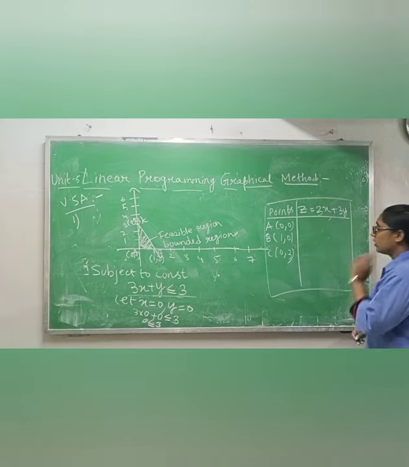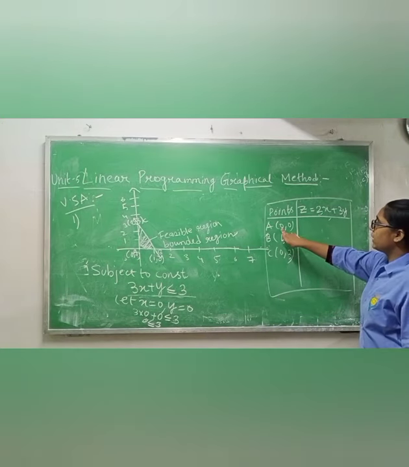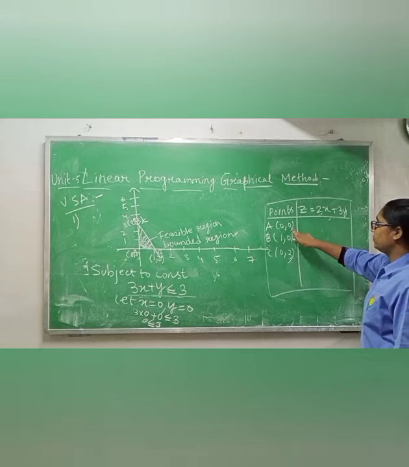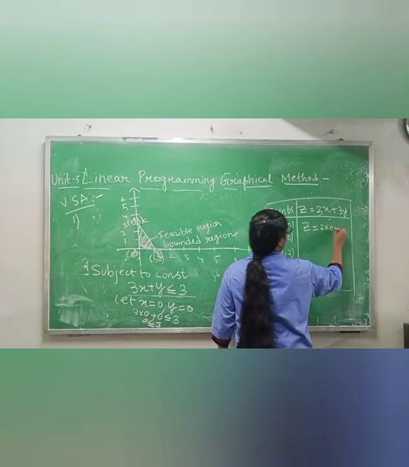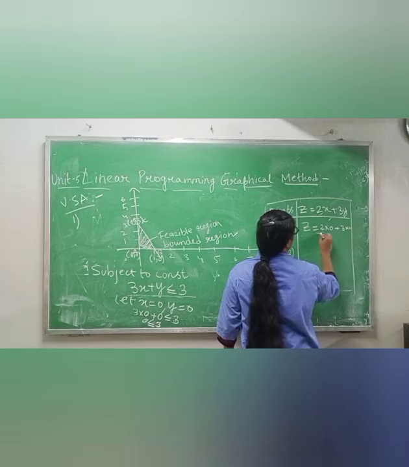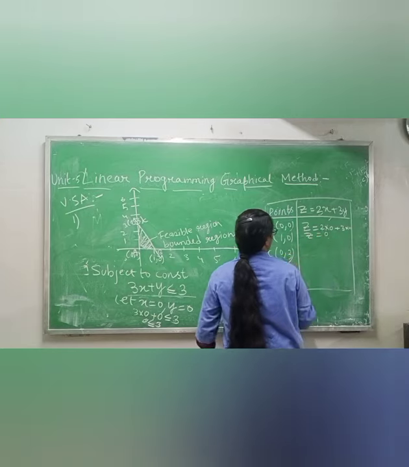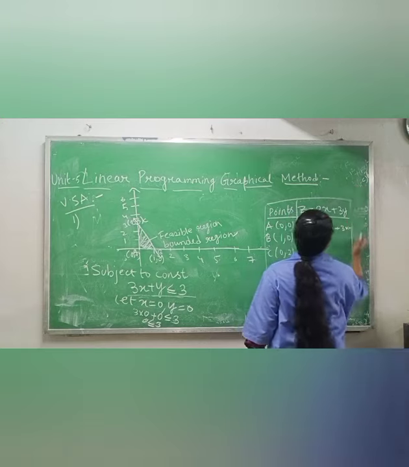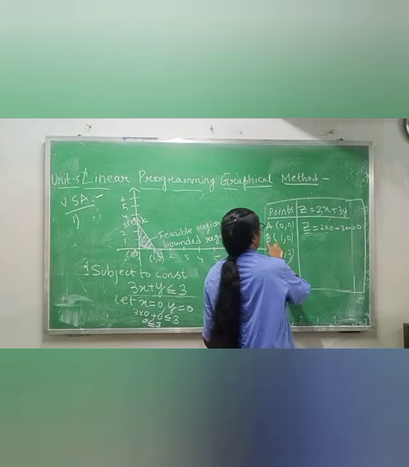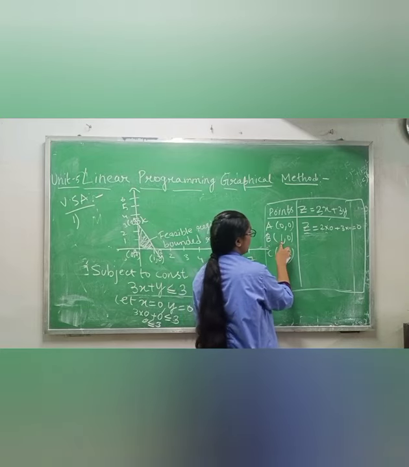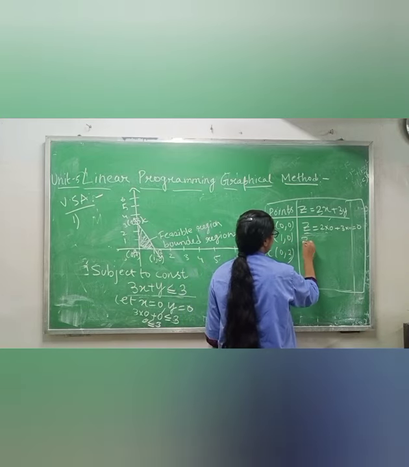Now, in place of x you will put 0 and in place of y you will put 0. So what Z value do you get? 2 into 0 plus 3 into 0, of course 0. Now again, in place of x you will put 1 and in place of y you will put 0.